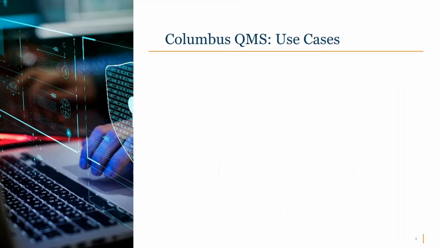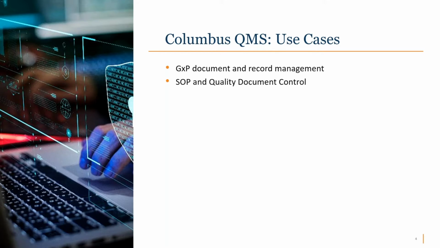For that, we have what we call Columbus QMS, which is our configuration for the quality and compliance area. I have listed here the use cases we currently have in Columbus QMS. That is, to start with, document and record management, of course. There are pre-configured tools to handle your standard operating procedures and other quality documents and how to control them.